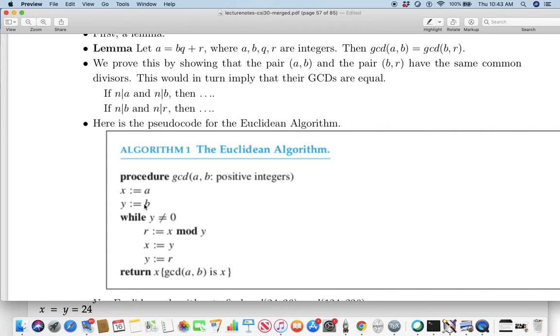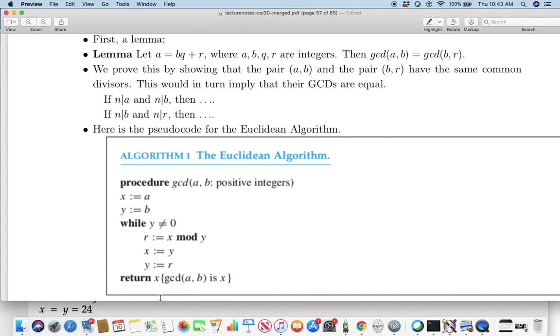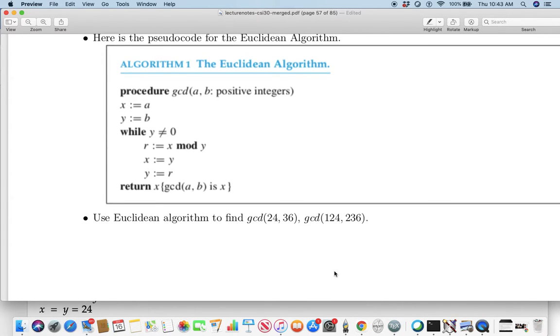Your divisor became the new dividend, and your new divisor is the remainder. Instead of finding a common factor of a and b, you are now finding a common factor of b and r. Why would you do that? You would do that because r gets smaller and smaller. Eventually y is 0, and then the dividend x is your GCD. That's the Euclidean algorithm.